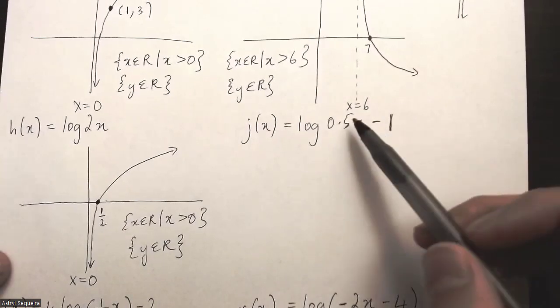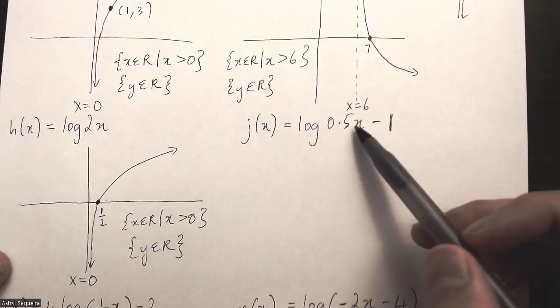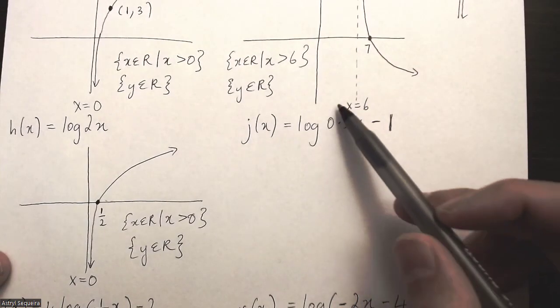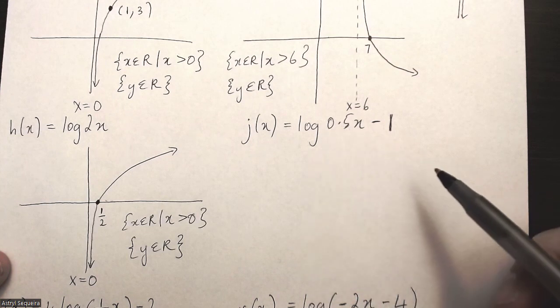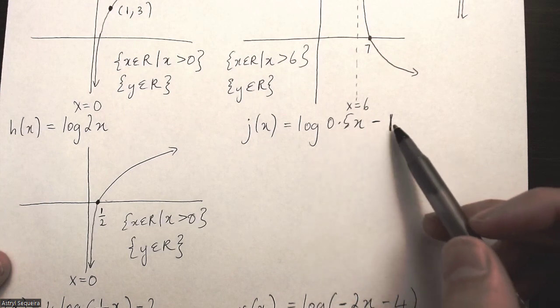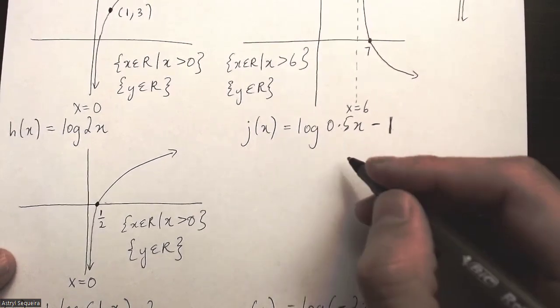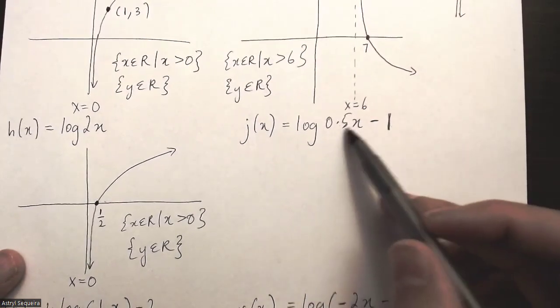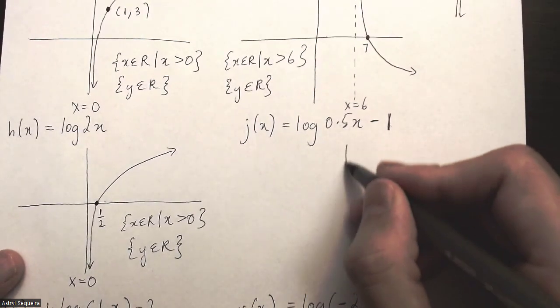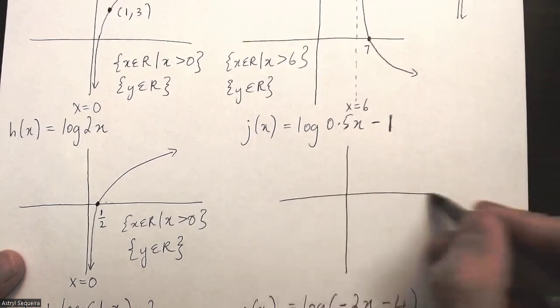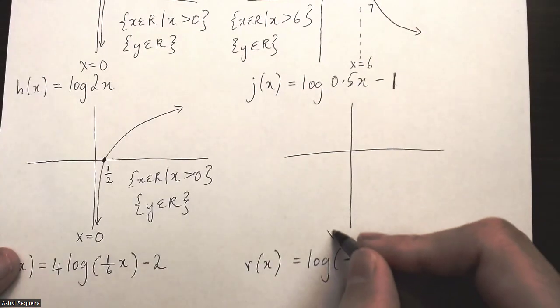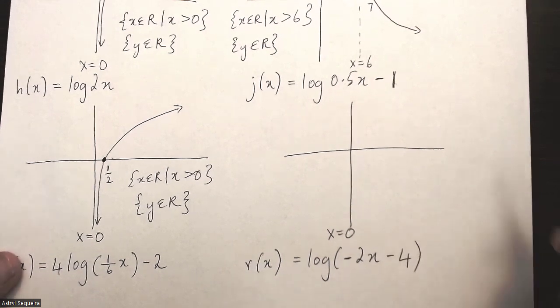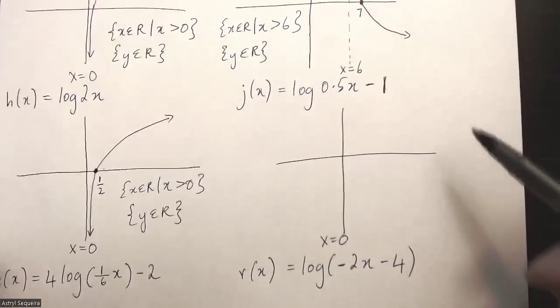Let's go to the fourth example here. We have a horizontal stretch by a factor of 2, because 1 divided by a half is 2. And we have a vertical translation of 1 unit down. Neither of these two affects the vertical asymptote, which is going to stay at x equals 0. Only horizontal shifts affect our vertical asymptote.